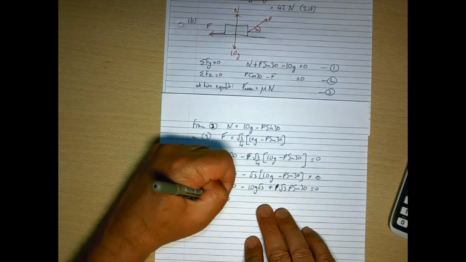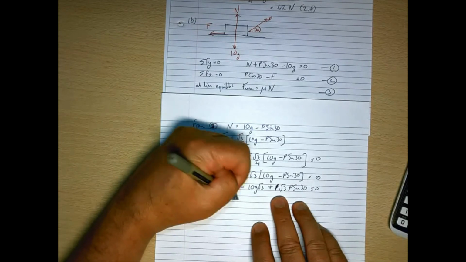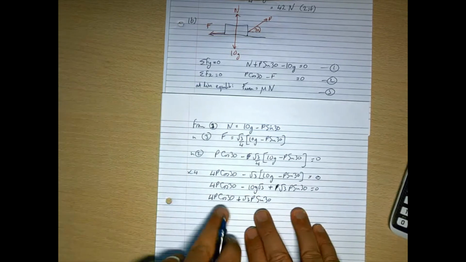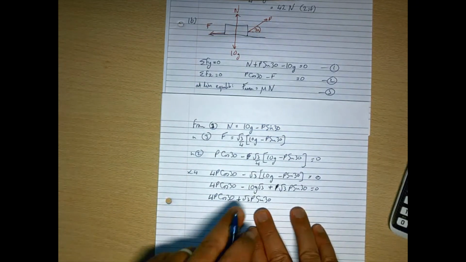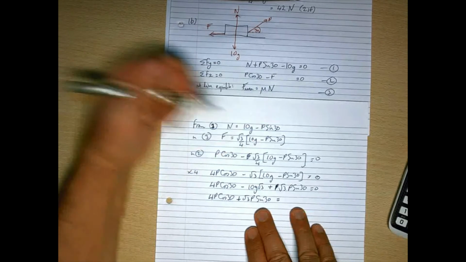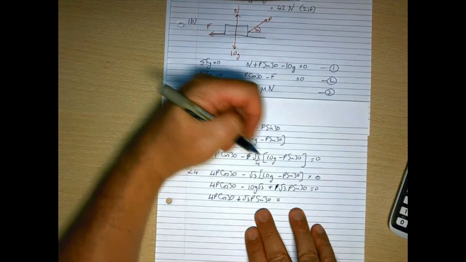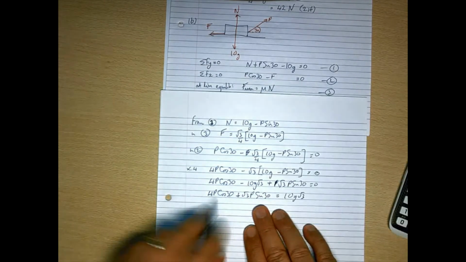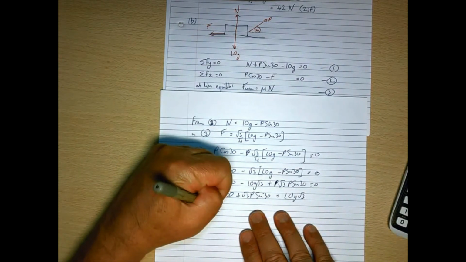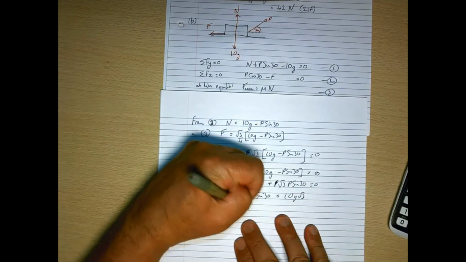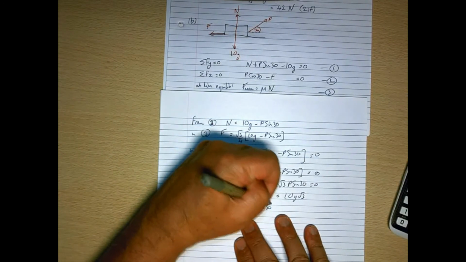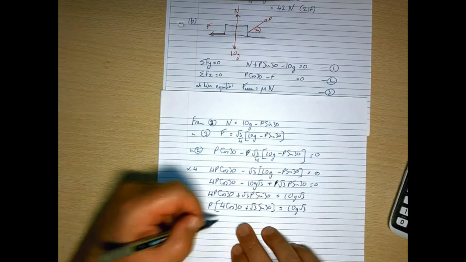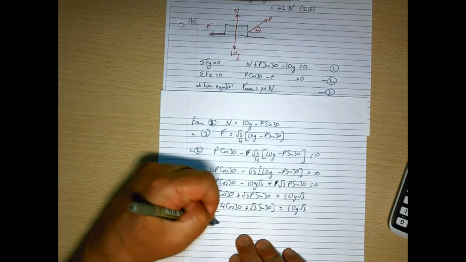If I now isolate on the left hand side the two terms that contain a P, and take the other one so that it's on the right hand side, I can then take P out of that as a common factor. And then to get the P on its own, I just divide by that.